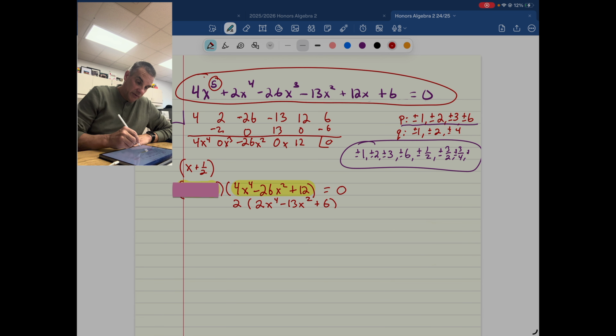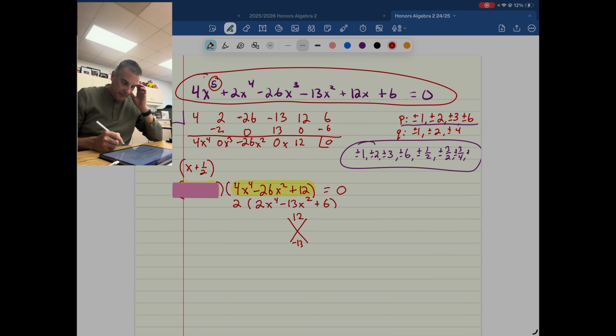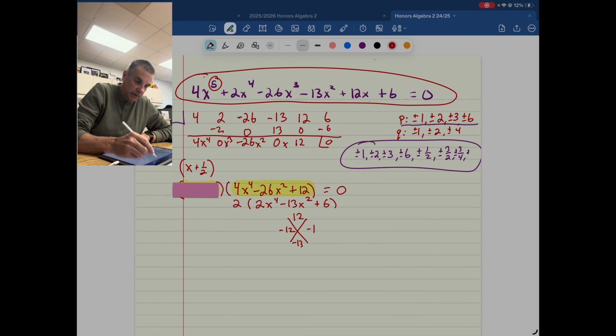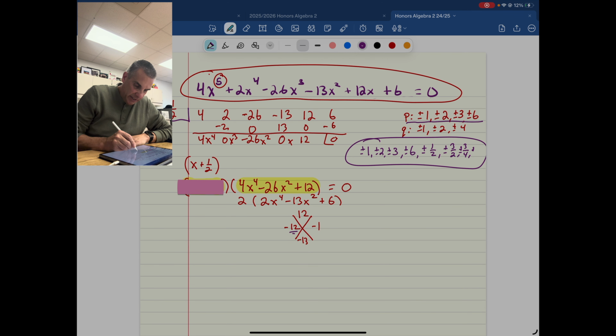That I notice is probably going to be factorable, so we're going to use the x method to factor that. So that's 12, that's a times c, and that's negative 13. So negative 12 and negative 1, but my a value is 2, so I got to divide that by 2. Okay, so I think we're good there. So I'm going to bring this back. This was 2x plus 1.